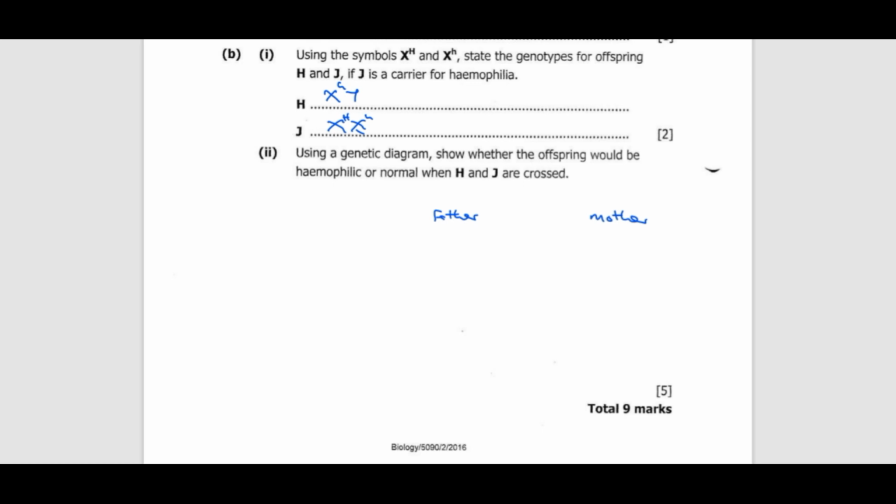So the first one is parental phenotype. The father is hemophilic, and the mother is normal.